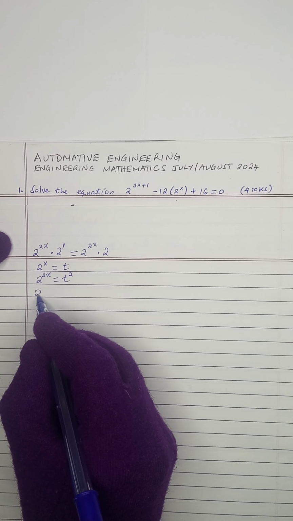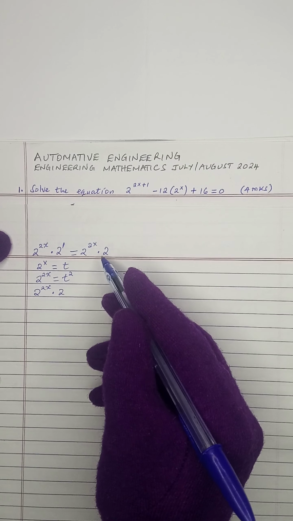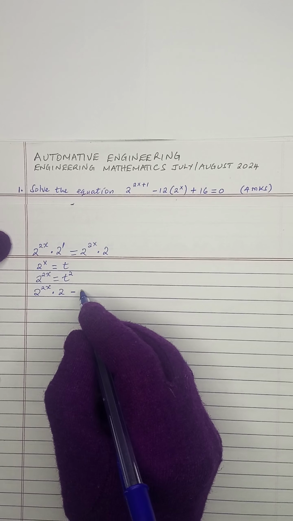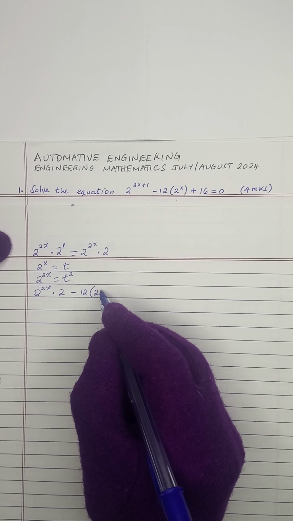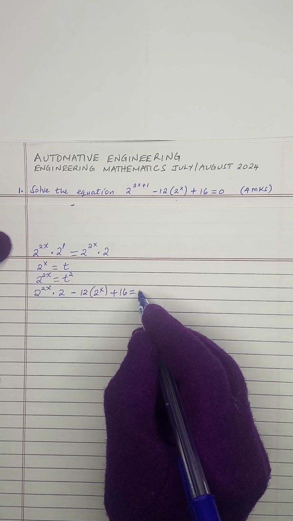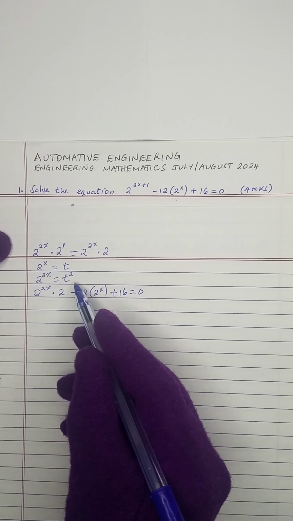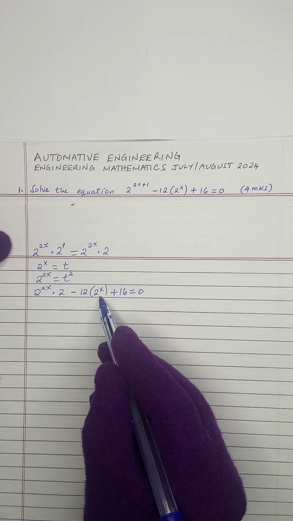So we'll have 2^(2x) times 2, then minus 12 into 2^x, then plus 16 is equal to 0. We substitute 2^(2x) with t squared, and 2^x with t.